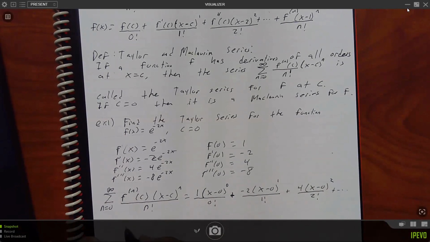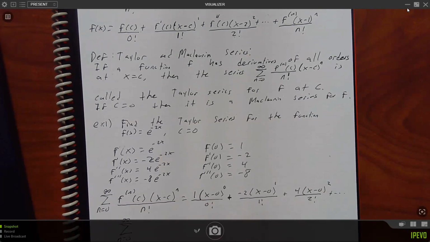So what is the pattern? Let's go piece by piece, right? Don't do it all in your head. I'm not expecting it to be crazy. So let's do the alternating part. This is the 0th term. What should be the negative 1 part?